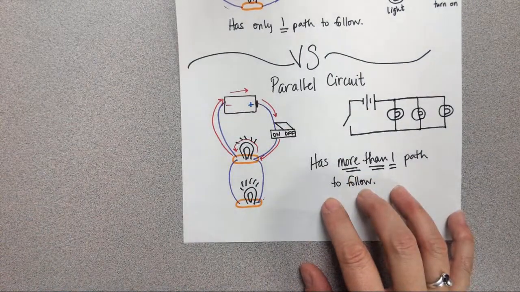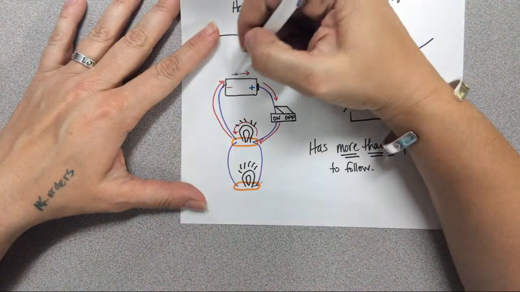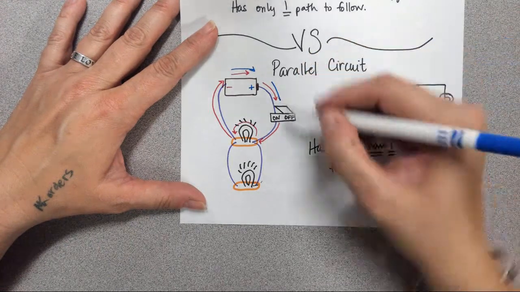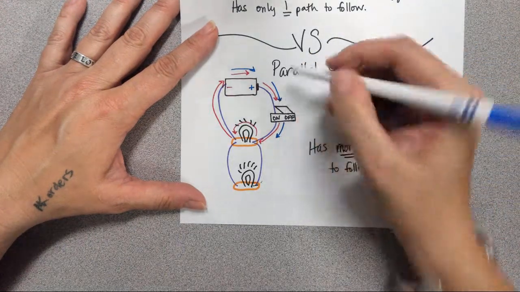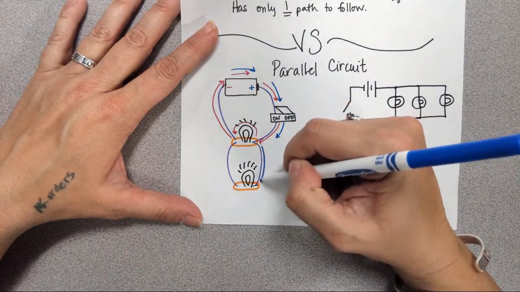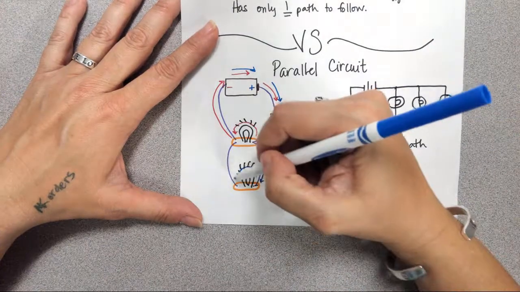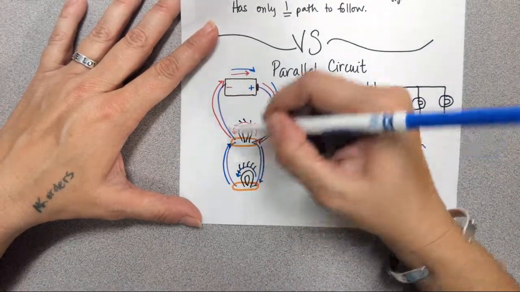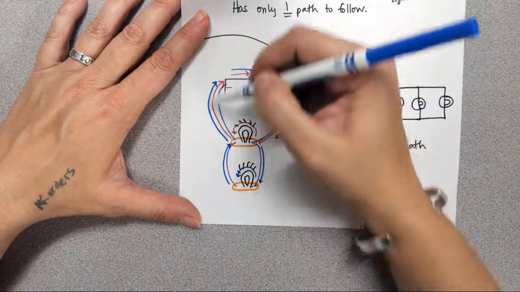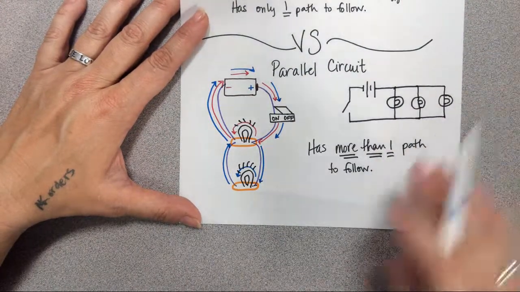Now look at this one. Again, the battery has electricity flowing through. Then I go down to the switch, into this, but this is metal, remember? So then it's going to go down here through this light, up through here to this metal again, and then up to the battery. So if you notice, my second light has its own path also.